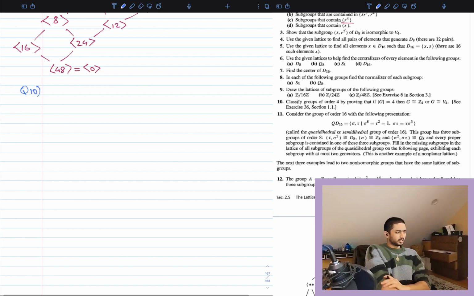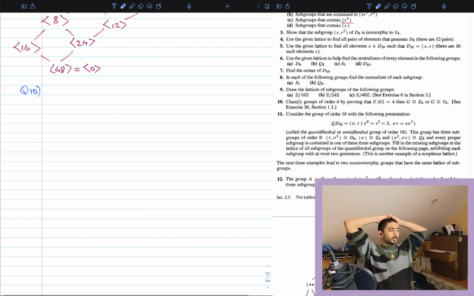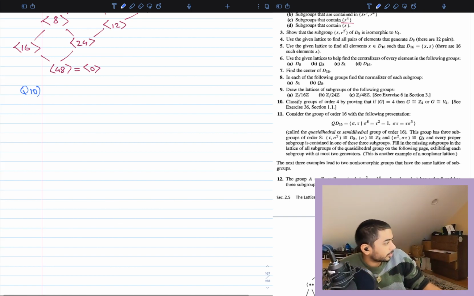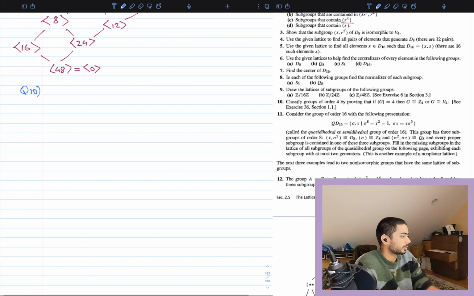Question 10. Classify groups of order 4 by proving that if a group has size 4, then either it's a cyclic group or it's the Klein 4 group. Okay, I see. How is that gonna happen with the lattice? I guess we should be able to figure this one out. So let's see.